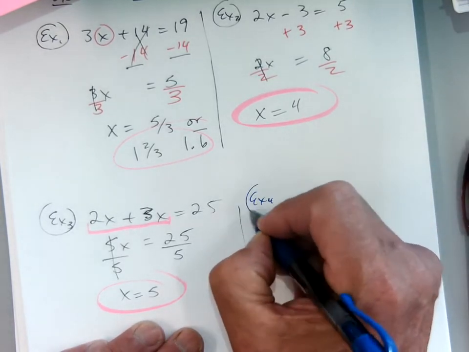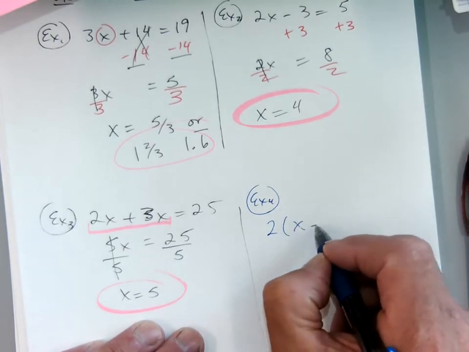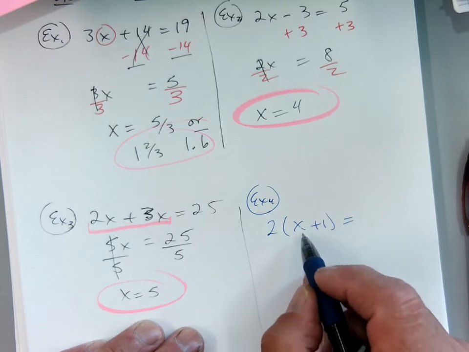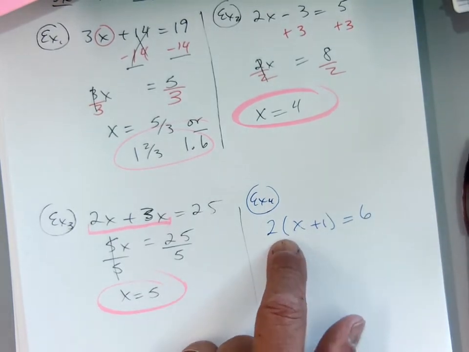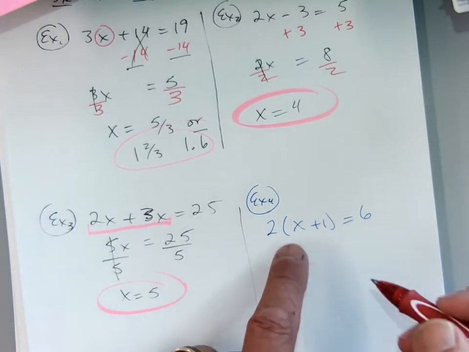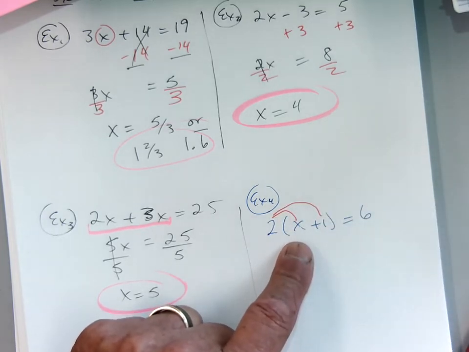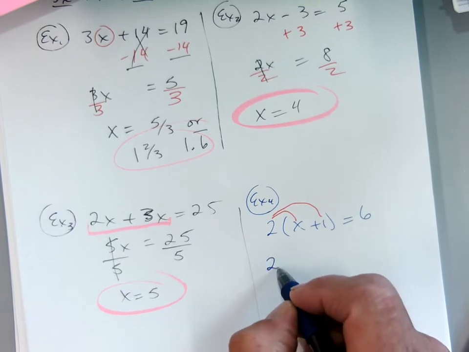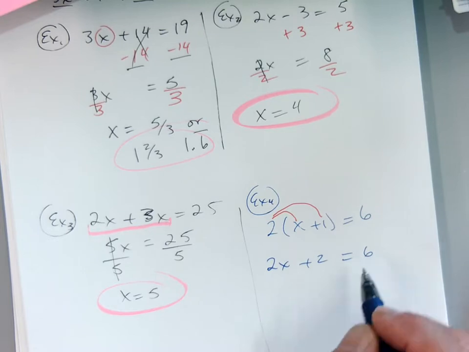Example 4 we did in class was one that had a distributive property in it. So I had a 2 parentheses x plus 1 equals 6. So we're going to do the distributive property of multiplication over addition. So I'm going to distribute 2 times x and 2 times 1. It's a multiplication problem. 2 times x gives me twice as many x, so I have 2x. 2 times 1 is a positive 2 equals 6.